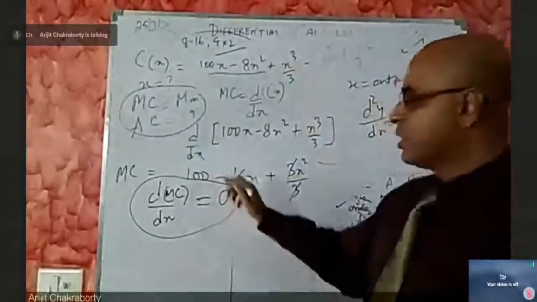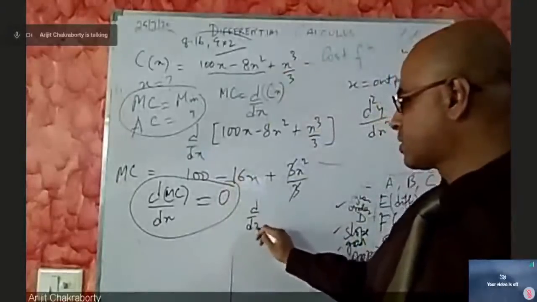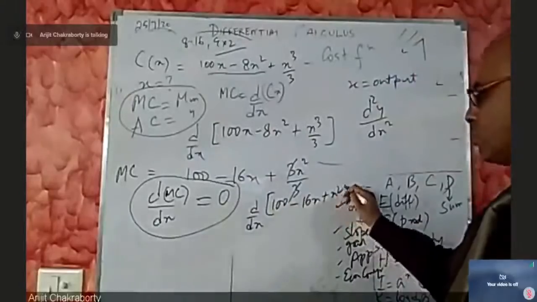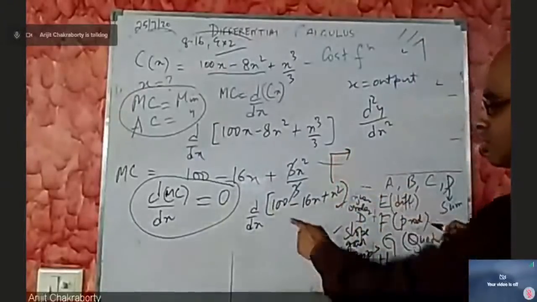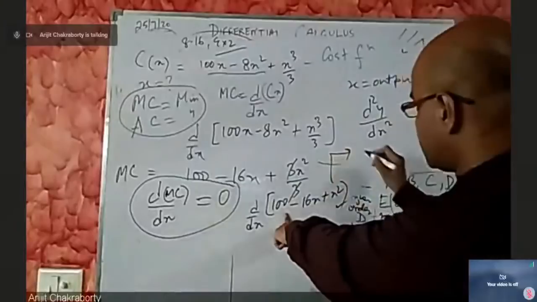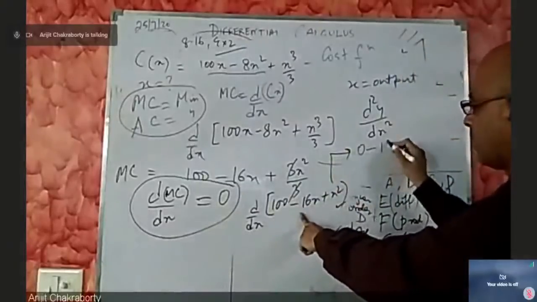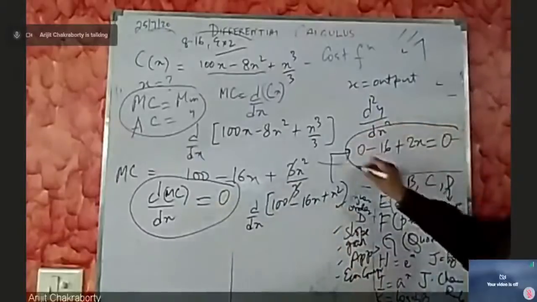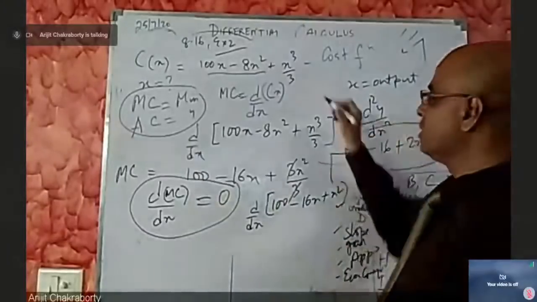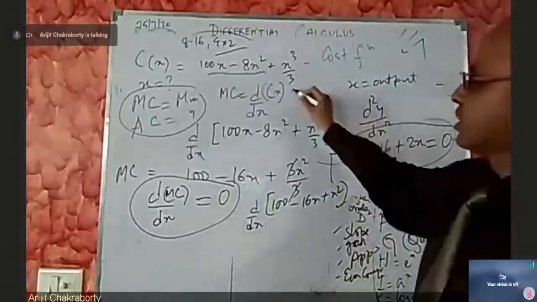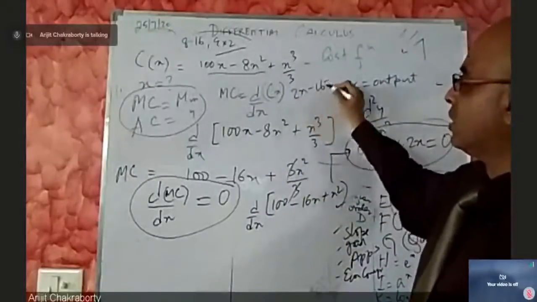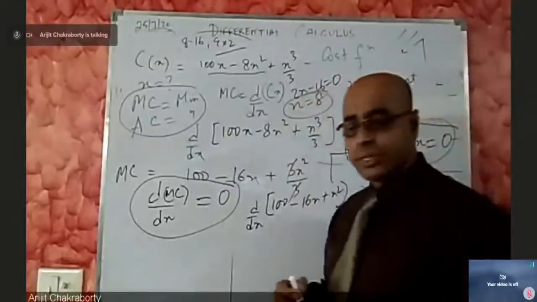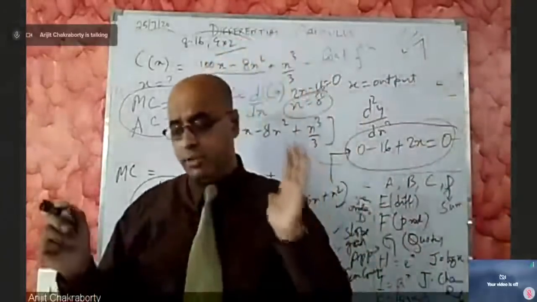So this becomes d/dx of 100 minus 16x plus x square. d/dx of 100 is 0, minus 16x becomes minus 16, plus x square becomes 2x, and this is equal to 0. So we have the equation 2x minus 16 is 0. So x is equal to 8. So we have got the answer at x is equal to 8.